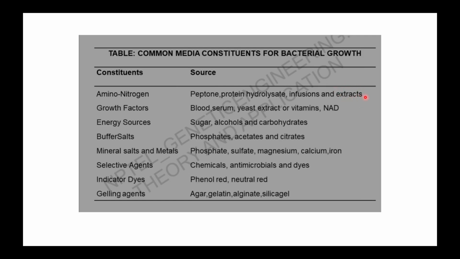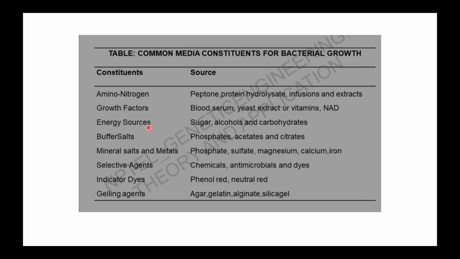Extracts are wholesale extracts, like from crushed plant tissues, or yeast extract. That can be a very good source of amino acids or nitrogen. Then growth factors are required, which are obtained from blood, serum, again yeast extract, or vitamins.